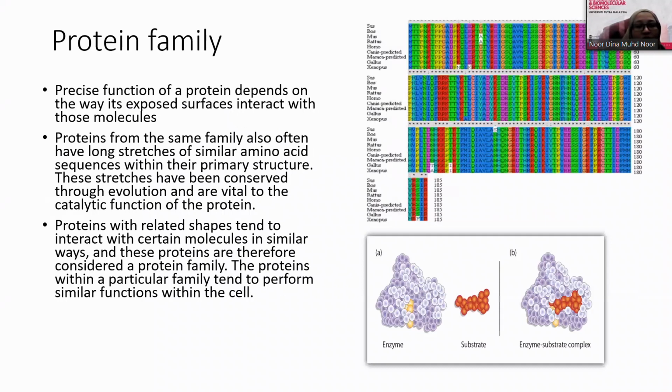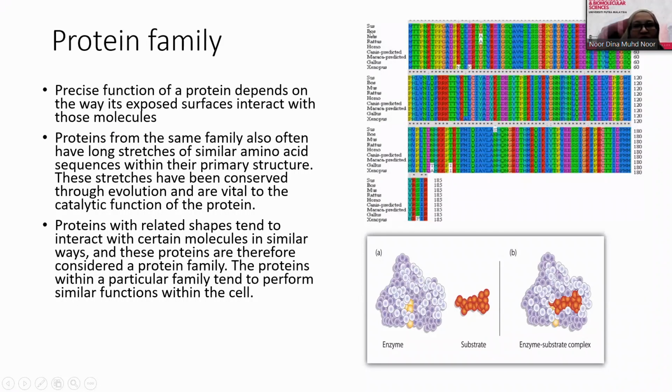And so, why is it that we can say that a certain protein falls into a similar protein family, or falls into the same protein family? Because the proteins are going to have highly similar protein sequences.